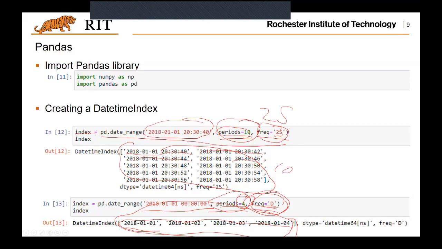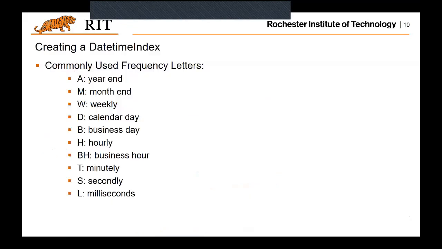So what you want to do is see what the possibilities are. There are many frequently used letters, like A represents the year, M months, W week, D calendar days, B business days, which means it will skip Saturday and Sunday, right? Then hours, business hours, minutes, seconds, and milliseconds, and so on.